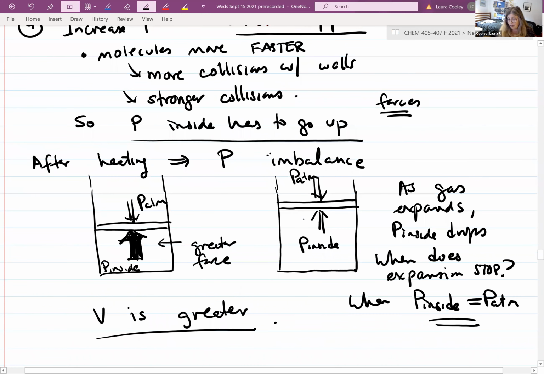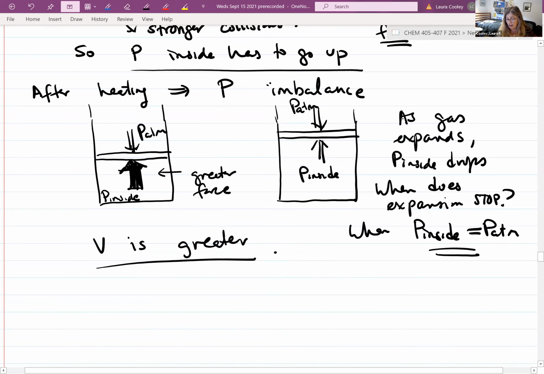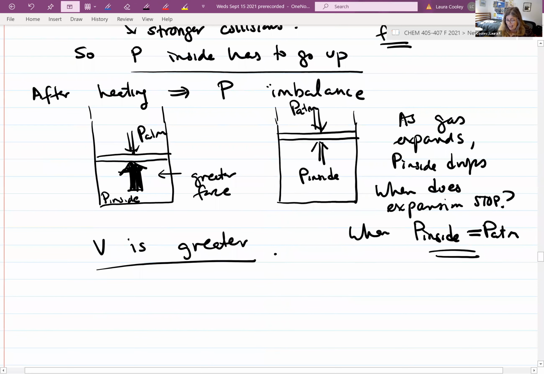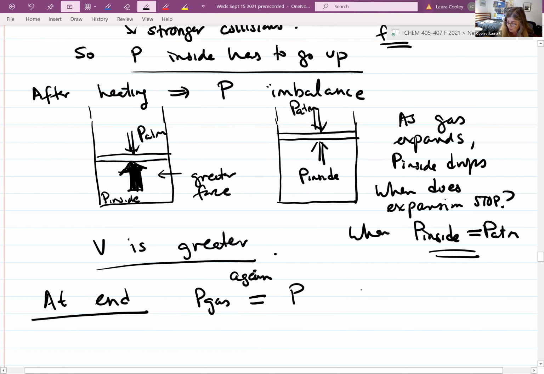Right now you have these more forceful collisions and more of them, but you have a greater area of the walls and force per unit area, right? So you're increasing that denominator, you're decreasing the pressure. And so at the end, P gas is again equal to the atmospheric pressure, which has not changed.